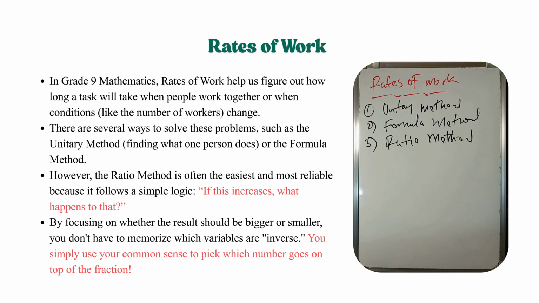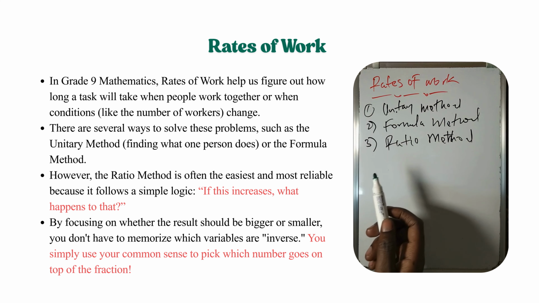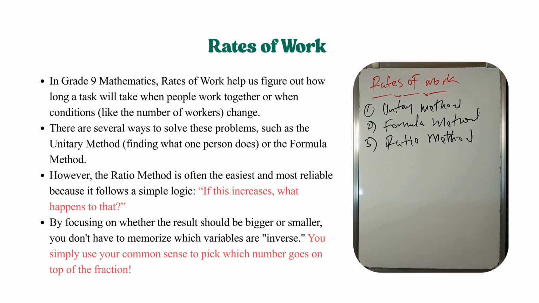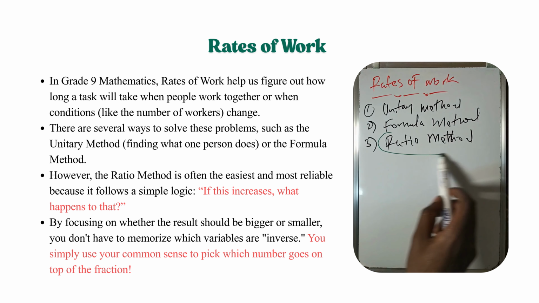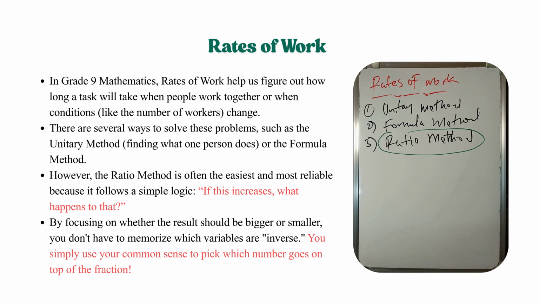The ratio method is the easiest, or I can say that the ratio method makes much sense. It is often the easiest and most reliable because it follows a simple logic.